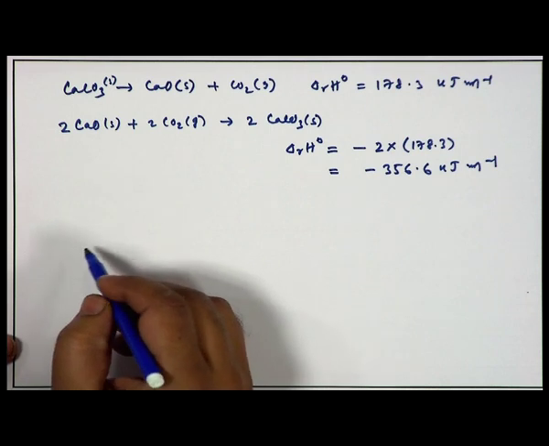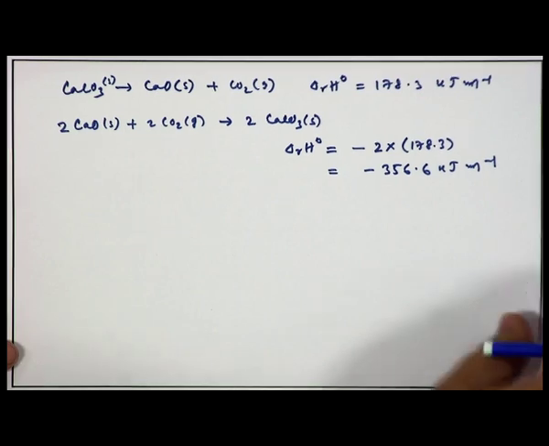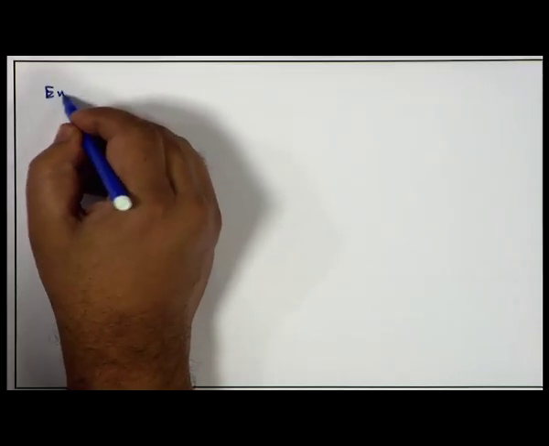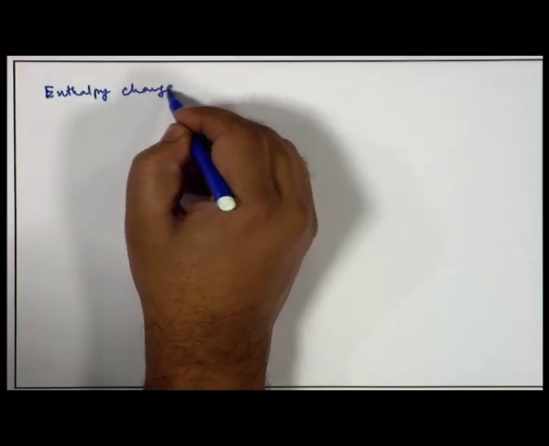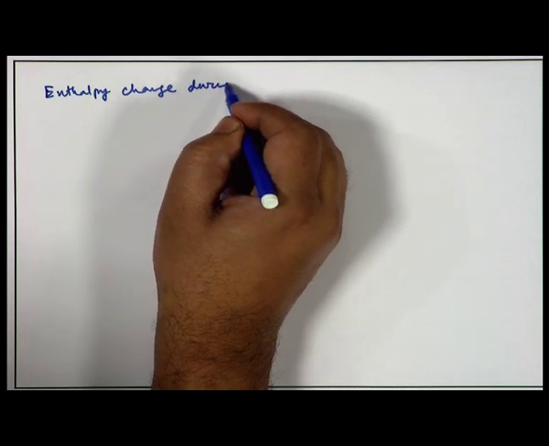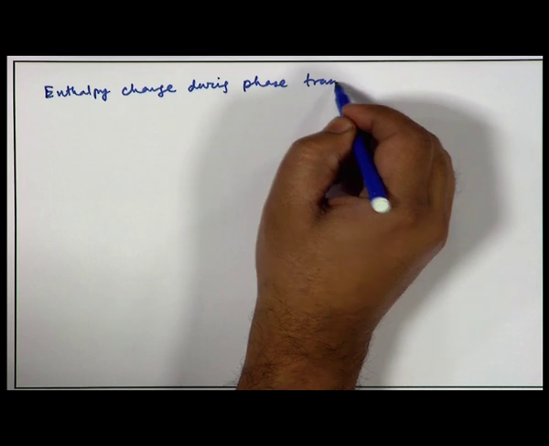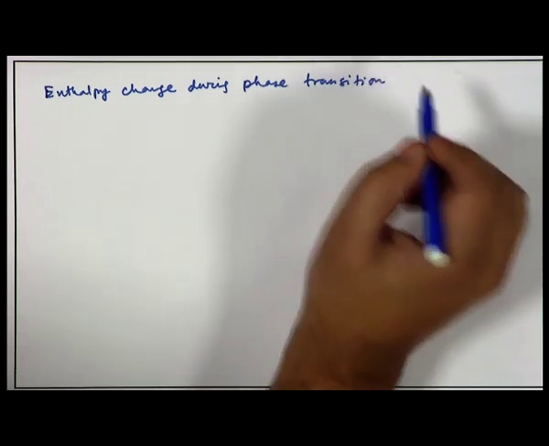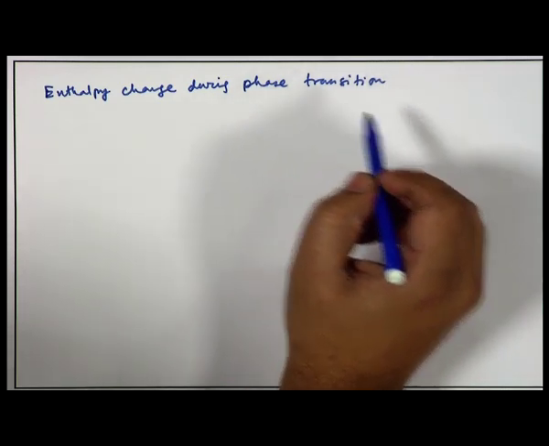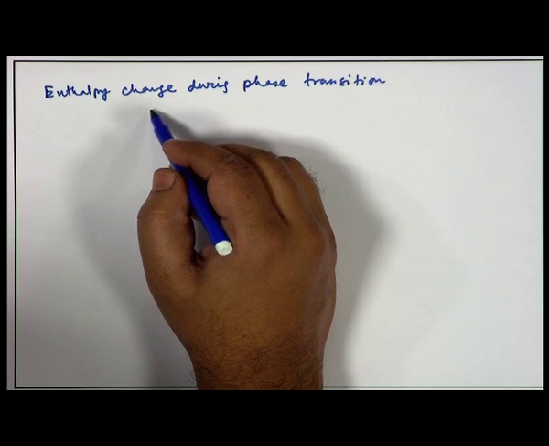We will talk now about the other processes, enthalpy change in other processes, and we will talk about enthalpy change during phase transition. We all know what a phase transition is: a transition between different phases of a particular substance.